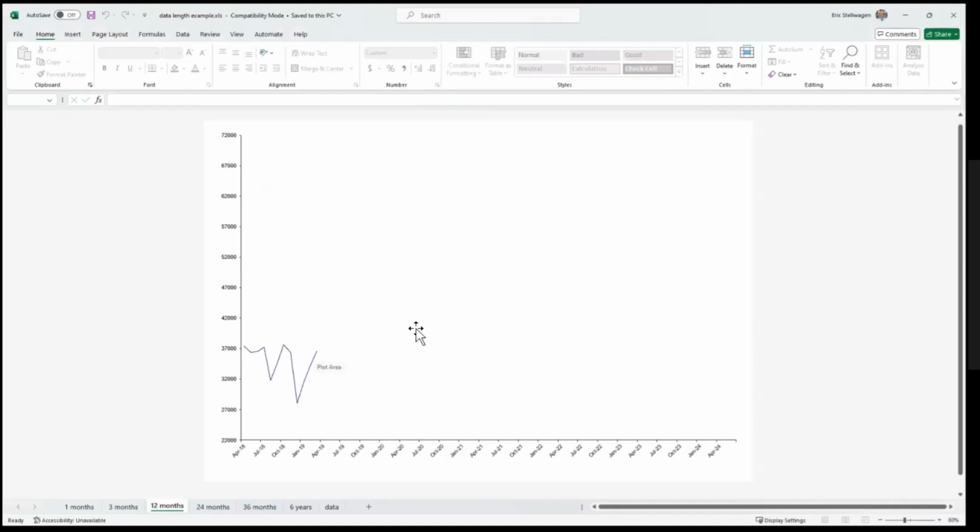Are they wiggling because they're seasonal, and my forecast should be seasonal, so that they'll continue to go up and down? Or am I just selling a certain amount, and any given month is above or below that amount? And so maybe it's not seasonal and I want to forecast, say, either at this level or maybe a slight downward trend. The point here is that I have 12 months worth of data.